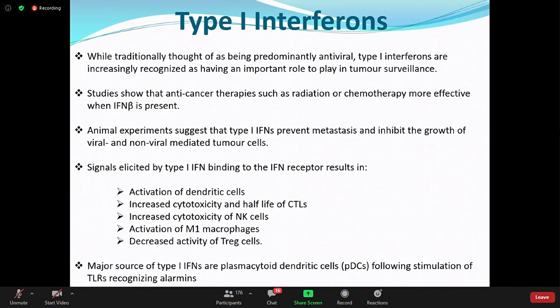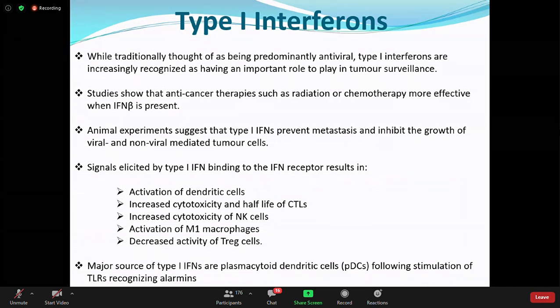But it's coming to light in the past 10 years or so that these type 1 interferons also play a very important role in stimulating the immune system. They're not just antiviral. And one of their most significant roles is in helping the conventional anti-cancer treatments like chemotherapy and radiation.